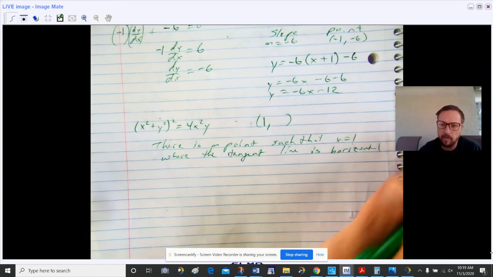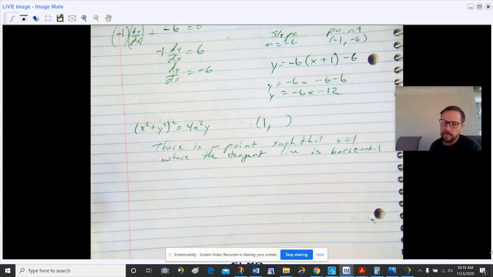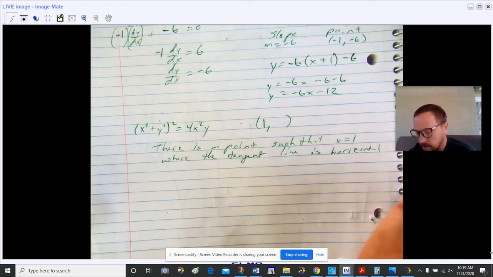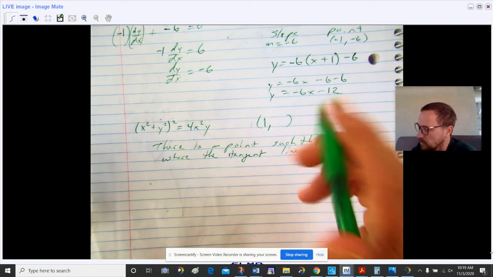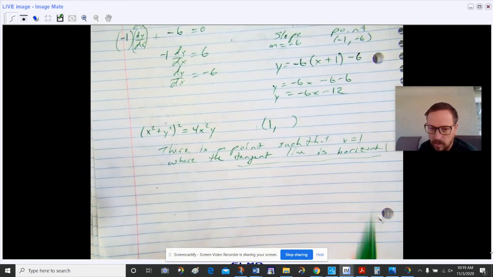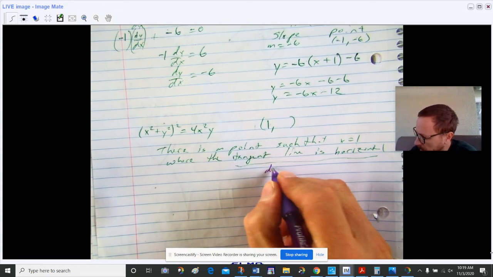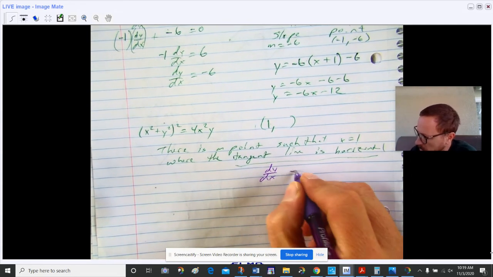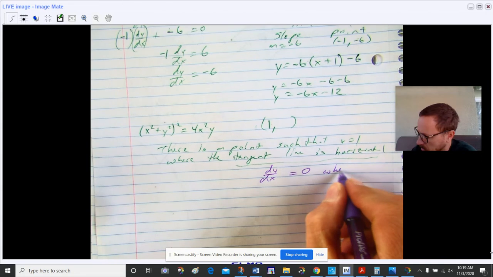We're going to figure out what the coordinate will be based off of that. So this tangent line is horizontal. What does that mean? That means that the derivative dy over dx equals 0 when x equals 1.